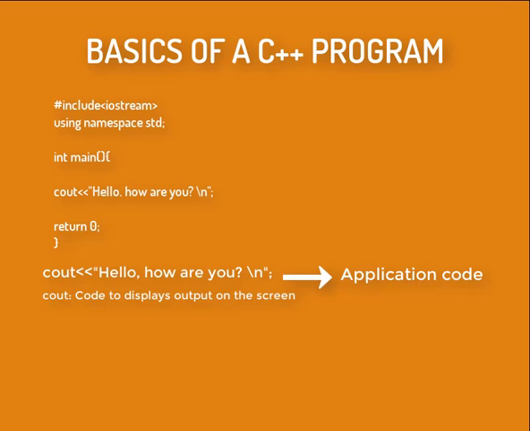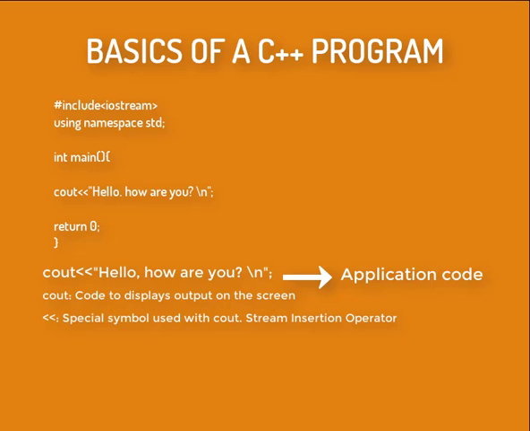After cout, we have two angle brackets. As we mentioned, these are called stream insertion operators. In C++, we use these symbols a lot. They are called operators, and these operators act on other things that surround them on the left or on the right or on both.